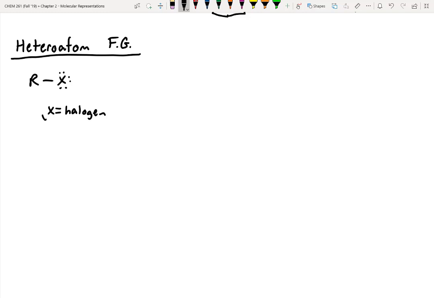Where are the halogens located? Group 7, so it's going to be fluorine, chlorine, bromine, iodine, all of those in that column, right? What do you think the R stands for? Yeah, it's going to be anything before it. Typically, it's a carbon placeholder. However, sometimes it's hydrogen.